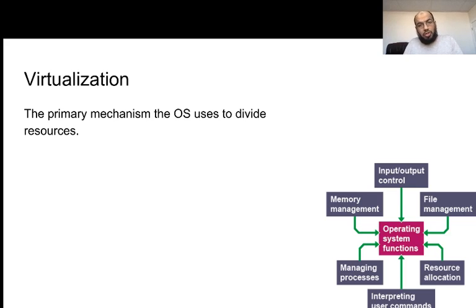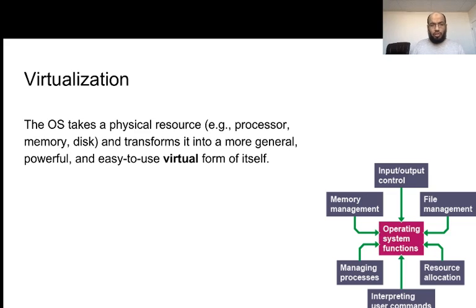These virtual resources are the resources that get assigned to your program, and that gives you the feel that you have the whole computer all by yourself. So the operating system takes a resource, be it the processor, the memory, or the disk, and transforms it into a more general, powerful, and easy to use virtual resource for both the programmer and the user.